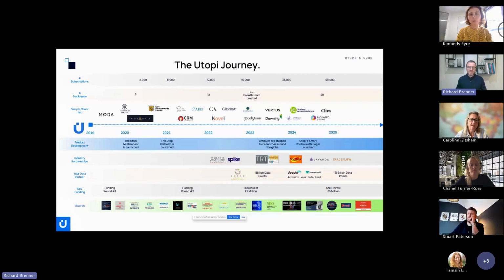And very quickly after that, the platform was launched, being able to take a data platform into an operational platform to start realizing that data into those meaningful insights. And as the journey has continued, a key part of the differentiator of Utopi is about using that data to build their proposition today, but also build it out for the future. So solving identified problems from that data, and really putting that data to work.